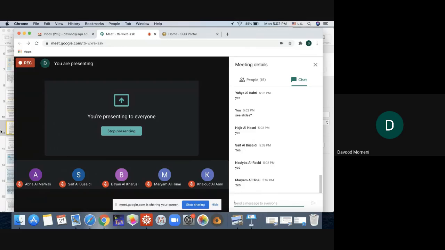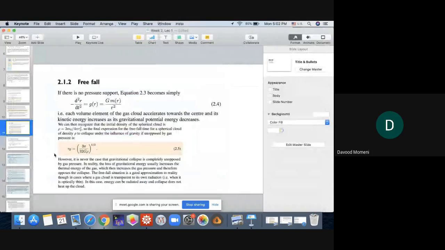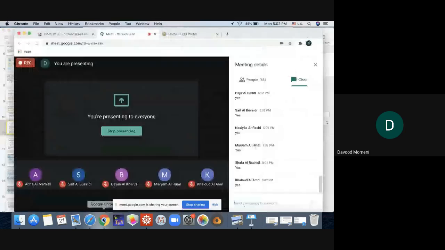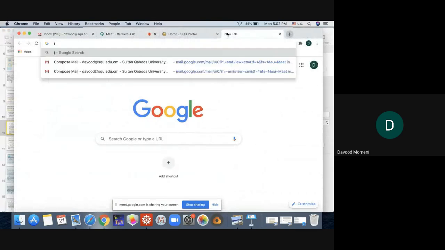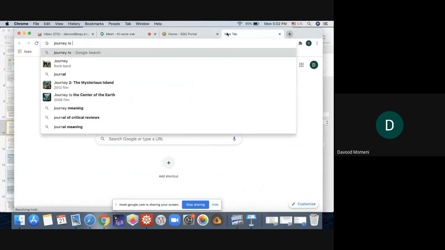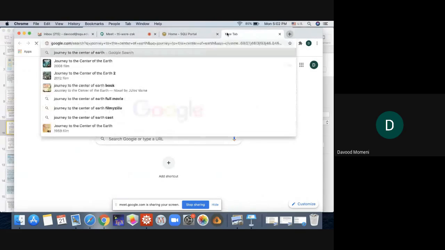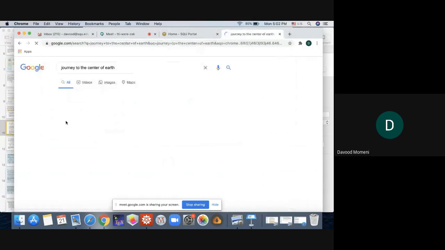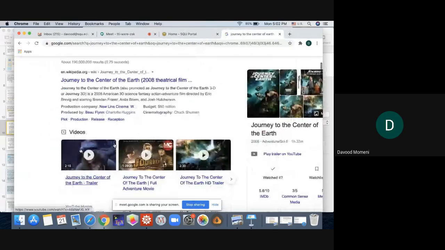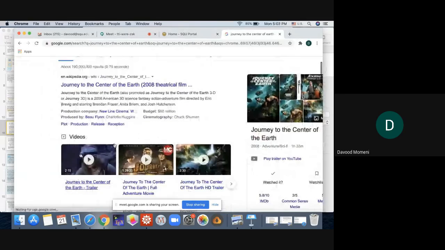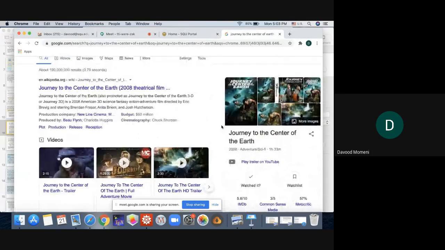I don't know how familiar you are with science fiction literature. There is an interesting book called Journey to the Center of the Earth by Jules Verne. There's a movie about that also.